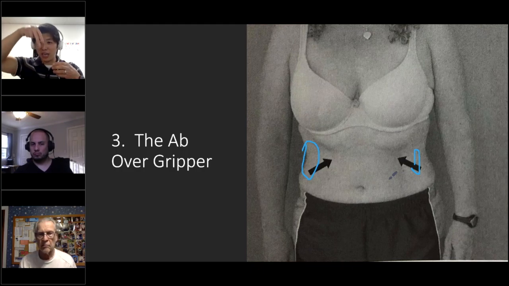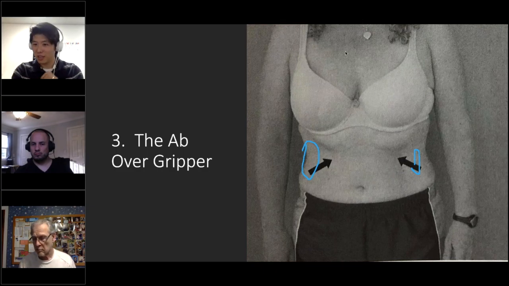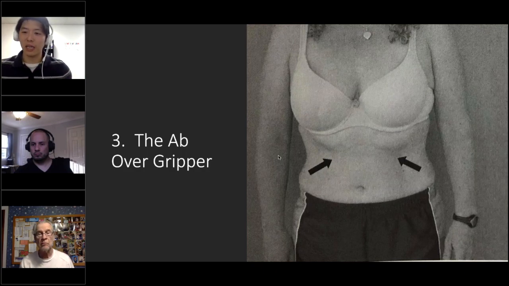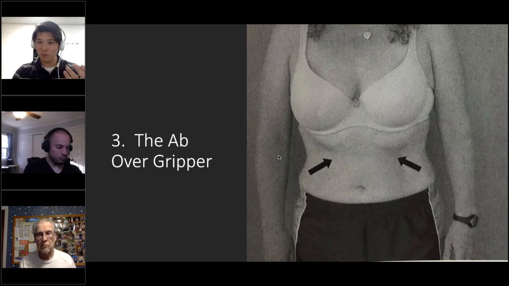Your six-pack is only like two lines in the front, and that's the only thing they really hold on to. So if you're an ab over gripper, this could be a reason why. I hope what you're hearing right now is somewhat interesting for some of you, hopefully.